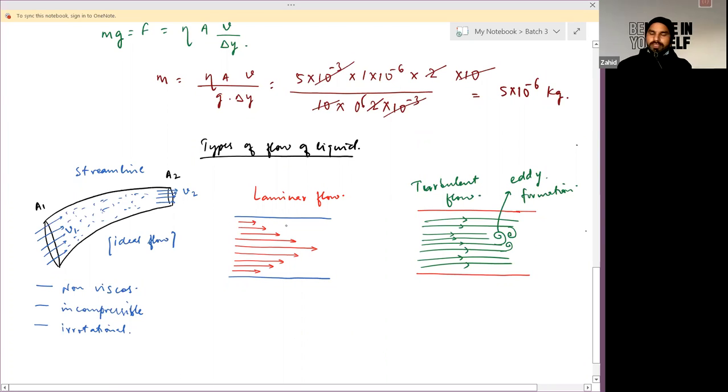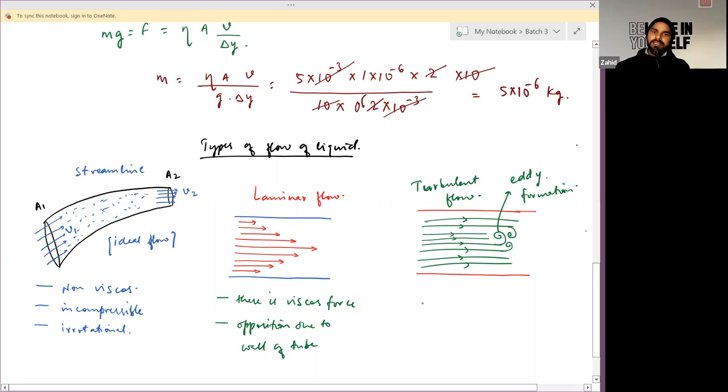So in laminar flow, there is viscous force between layers of liquid and also opposition due to the wall of the tube, due to which the edge layer will move with least velocity and the central layer will move with maximum velocity.